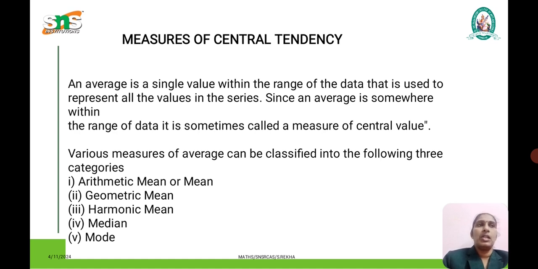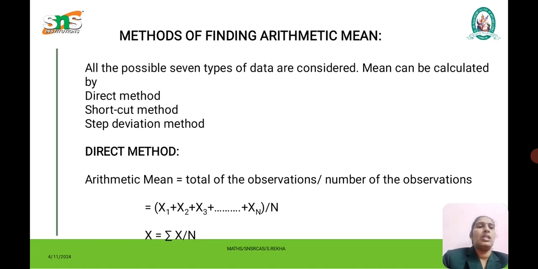Or in a class there are 50 students, each student having a different weight, and we want to find the average weight of, for example, 12th standard students. That we can identify using some techniques.